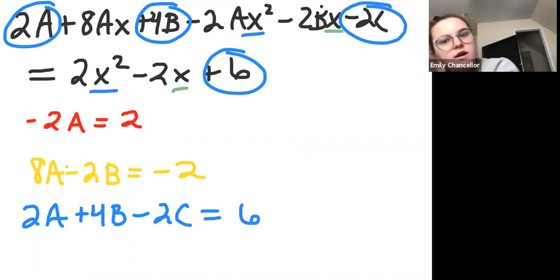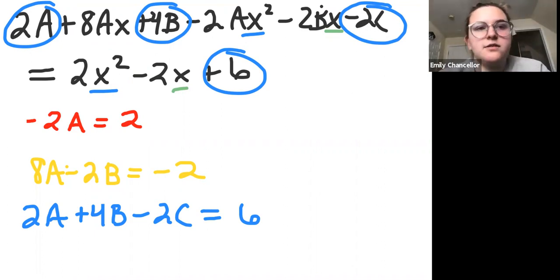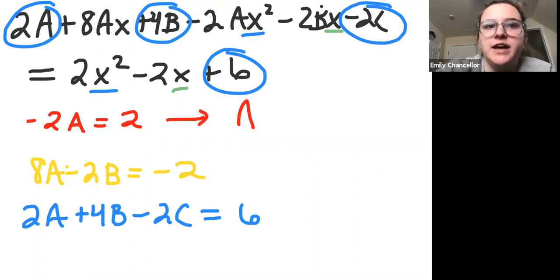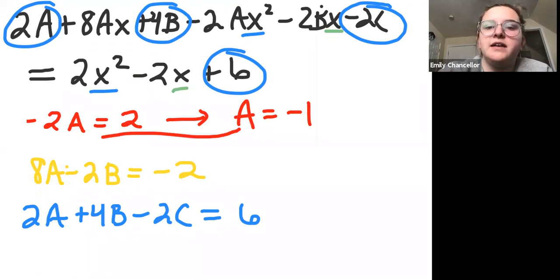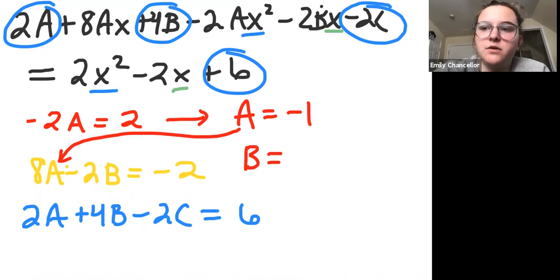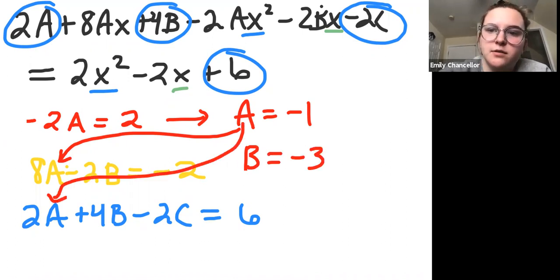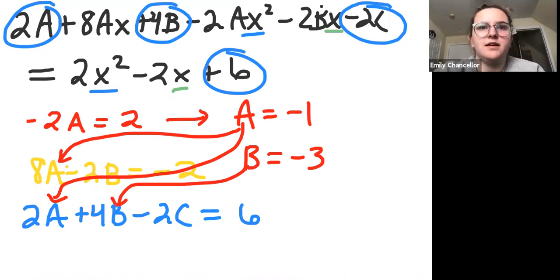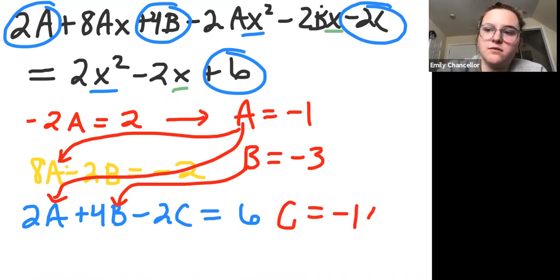And we can go down the line with this, solving for our different variables. So here we solve for a, it's going to be -1. Plug that into the next equation, and we'll get b equals -3. Plug both of these into the bottom equation, and we'll get c equals -10.